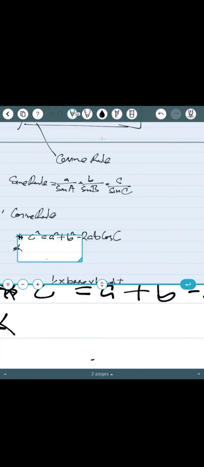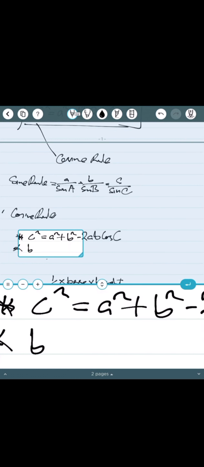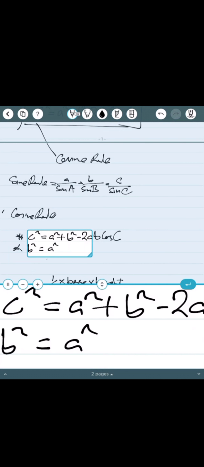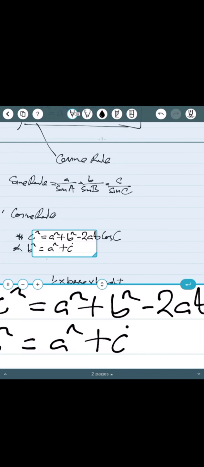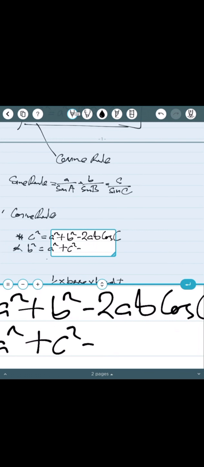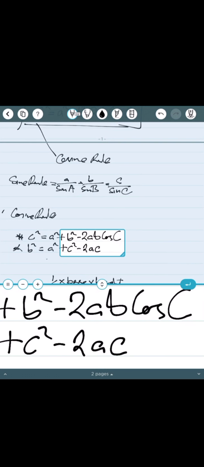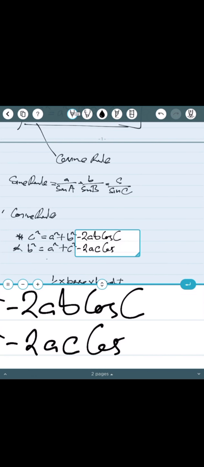Or if you're finding the other side, which is b, it becomes b squared is equal to a squared plus c squared minus 2ac cos b.